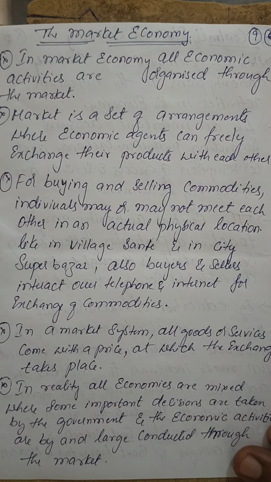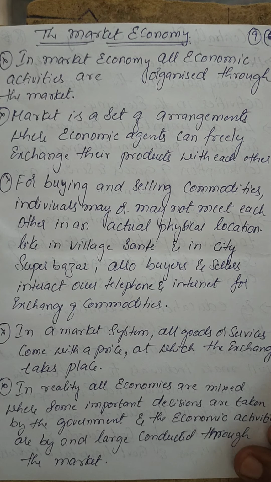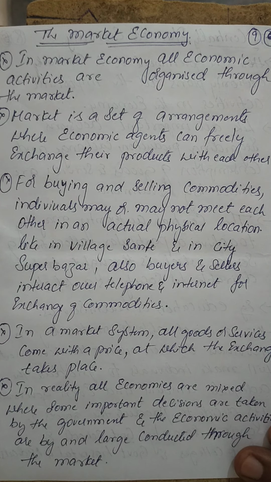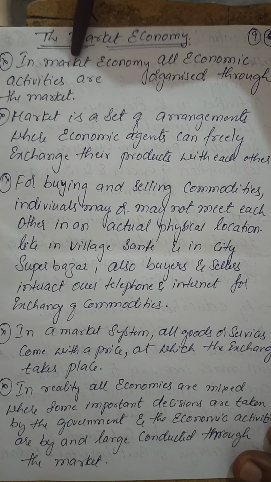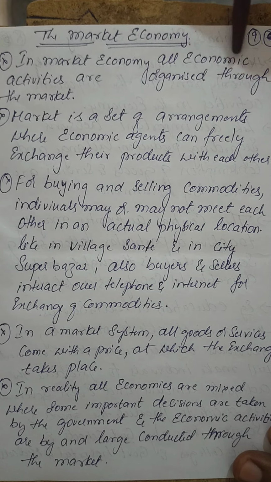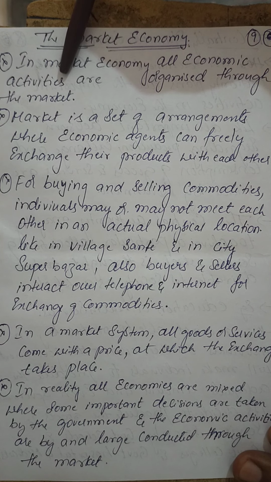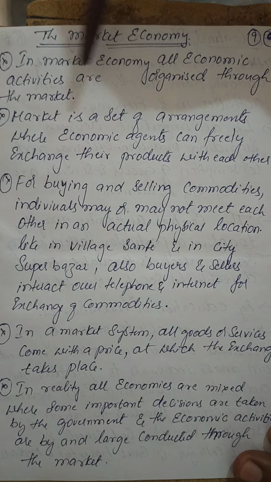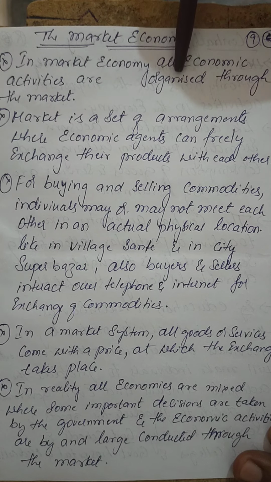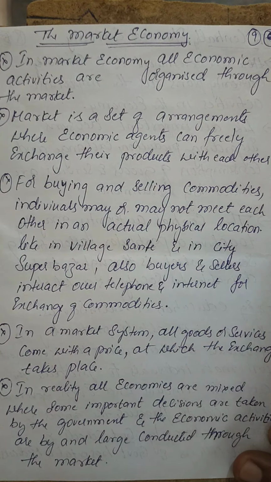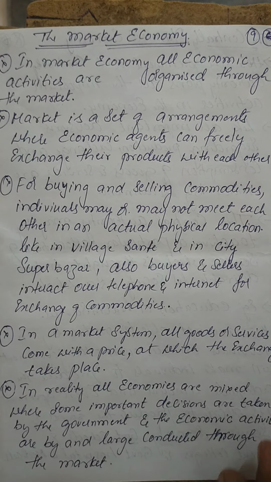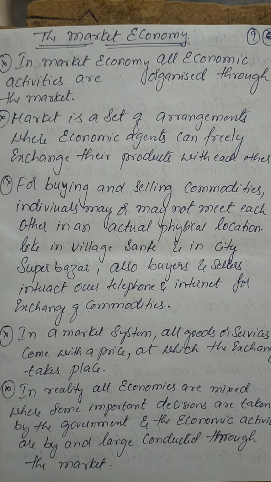Let us go through certain points about this market economy and how the activity goes. First, in a market economy, all economic activities are organized through the market. What do you mean by economic activity? Those activities where a transaction of money takes place.